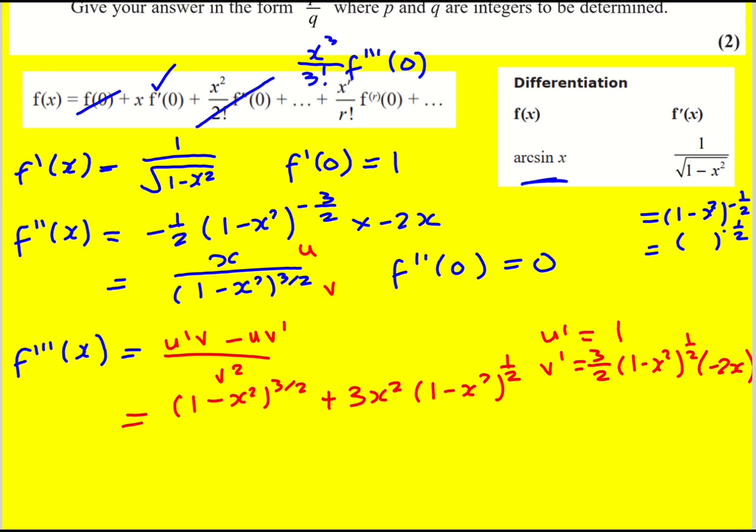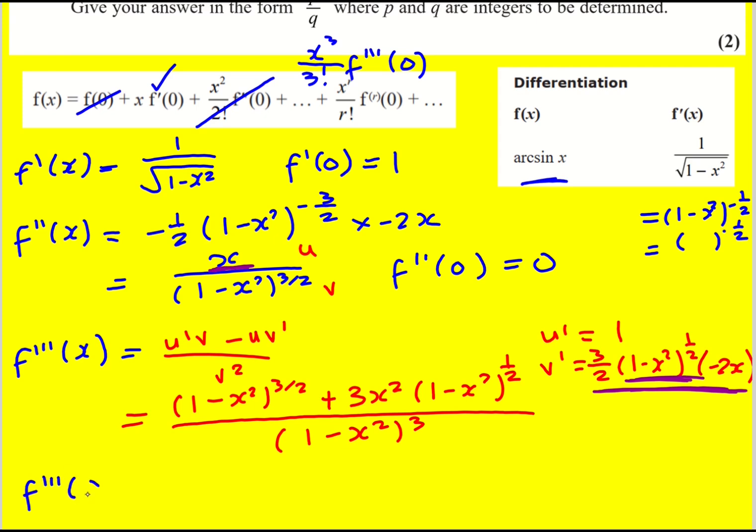Right, I've done quite a lot in one go there, but we are doing this multiplied by x. And so I get minus 2 times 3 over 2 gives me minus 3. I've got x times x, that's where the x squared comes from, so minus 3x squared, then multiplied by this. But remember, because I'm minusing it, it becomes a plus. And all over 1 minus x squared to the 3. f triple dash 0.